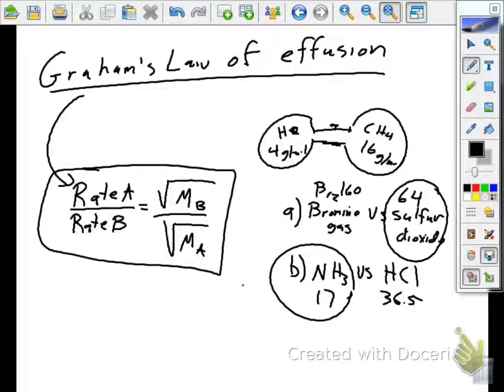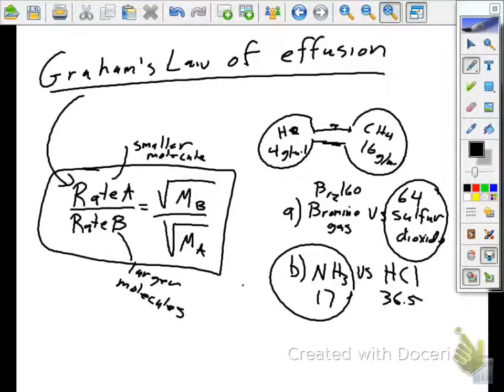When I do this, I always like to put the smaller molecule or atom up there, and the larger molecule down below. I'll explain why in a second. You can do it either way, but it makes more sense when you have the rate of the smaller one above the larger one in this original setup. Okay?